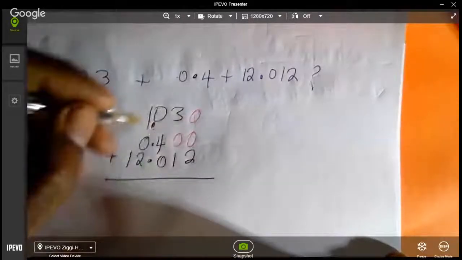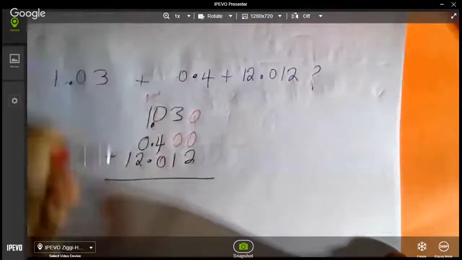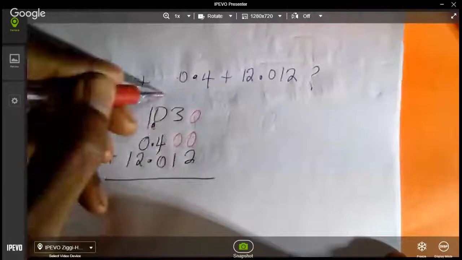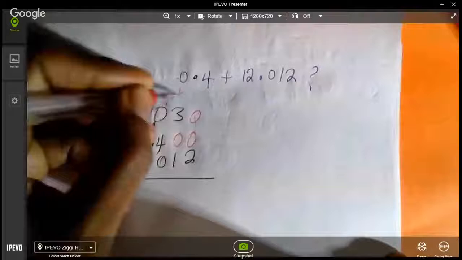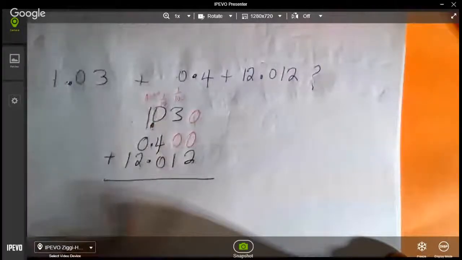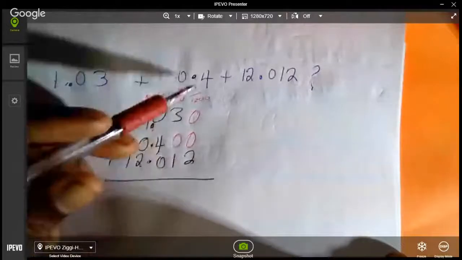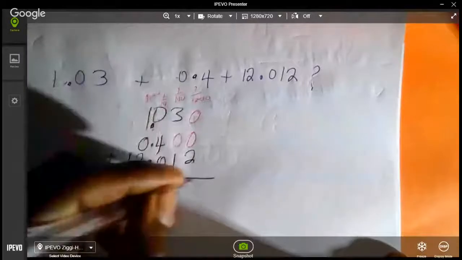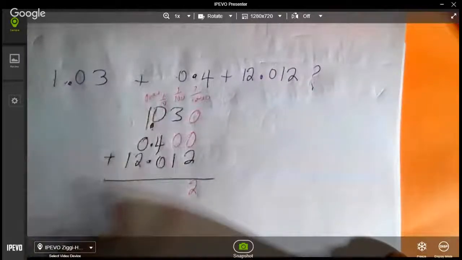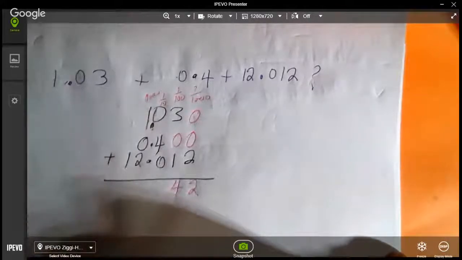Let's identify the columns. This would be our ones column. Then this would be our what? Tenths, hundredths and thousandths. Okay, so how many thousandths do we have? Sir, 2. How many hundredths? 4, sir. How many tenths? 4, sir.